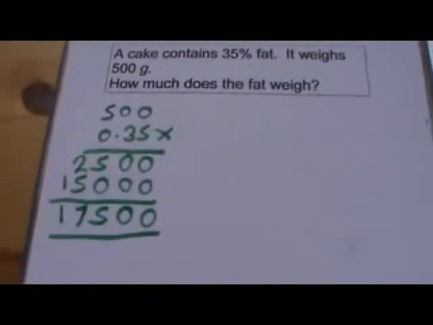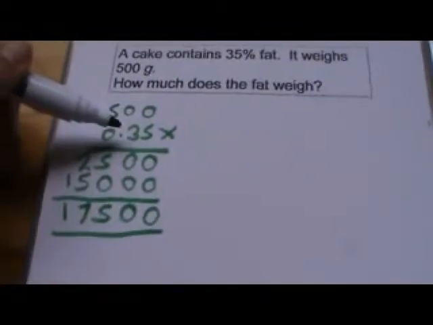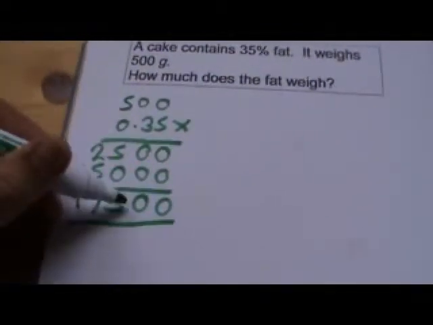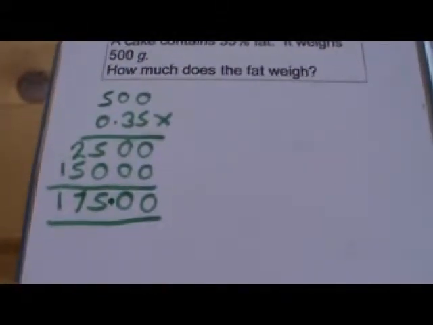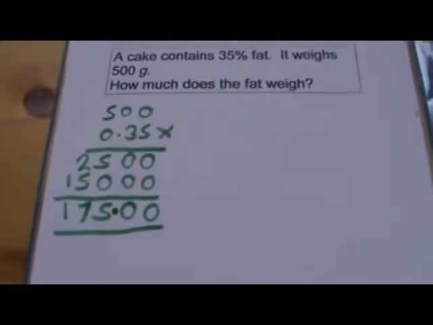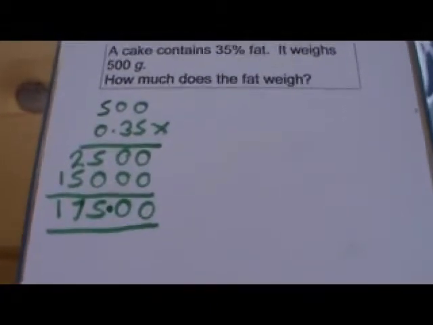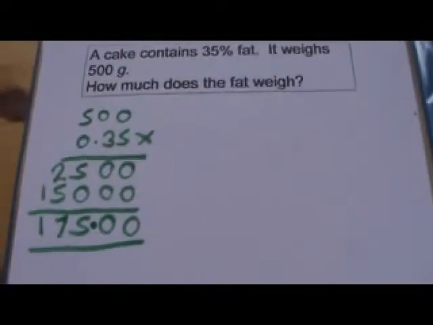Then we need to work out where the point goes. In the question there are 2 numbers after the point, so there must be 2 numbers after the point in the answer, which gives us an answer of 175. So the cake will contain 175 grams of fat. Something to be avoided if you're slimming.